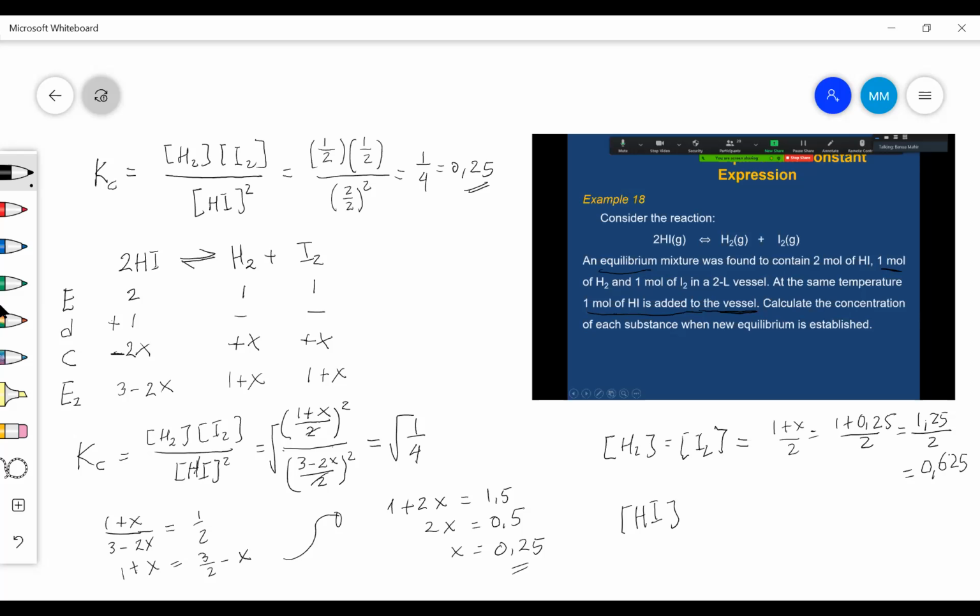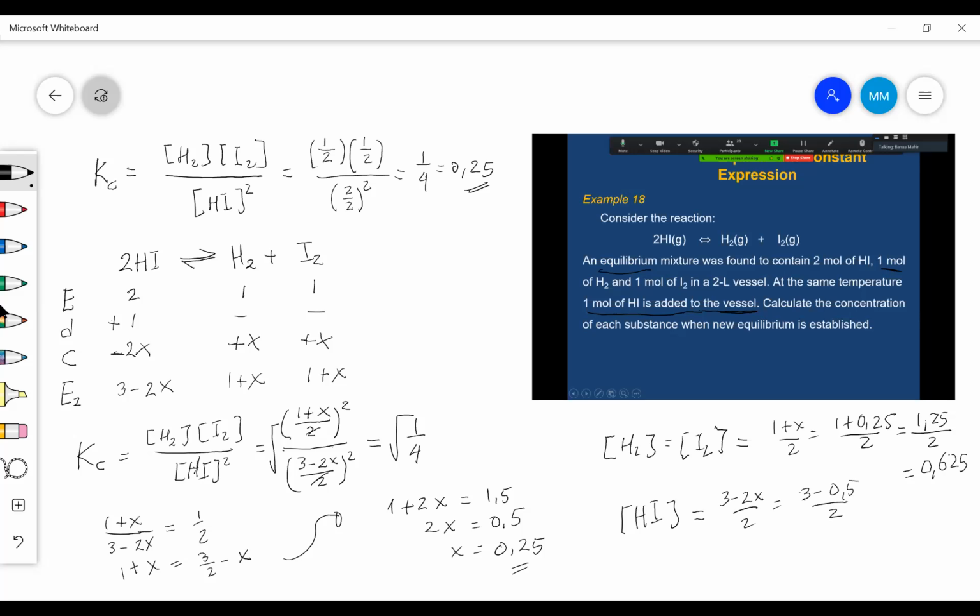This one, right? Yes. For HI, it is 3 minus 2x over 2. So it is 3 minus 0.5, isn't it? Divided by 2.